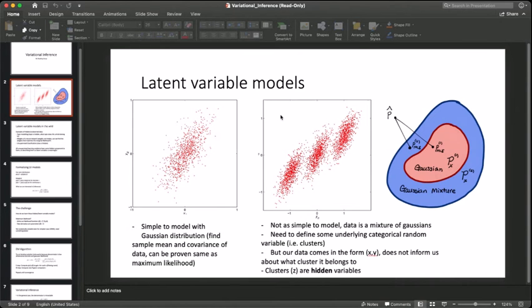So it is a distribution defined by a combination of many different Gaussians scaled by some value to make sure that the total value of their... what are they called?